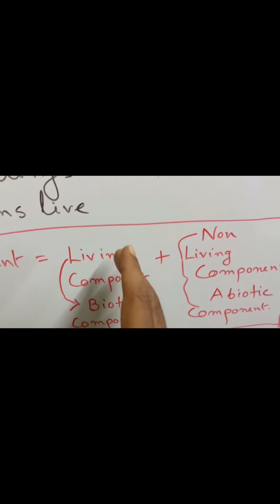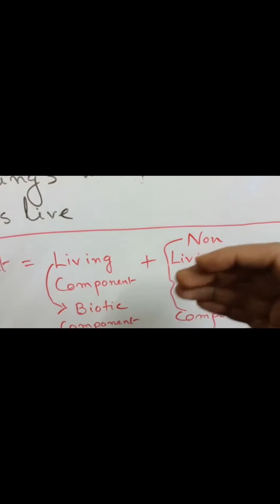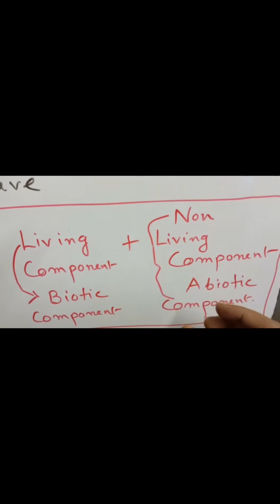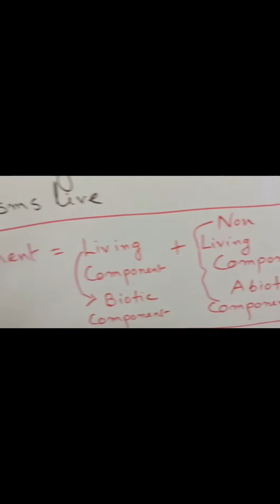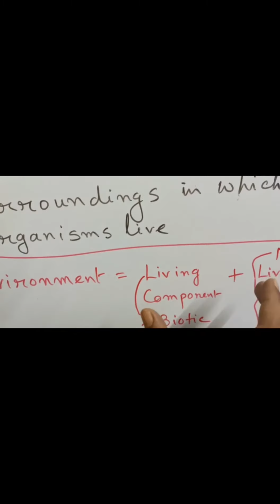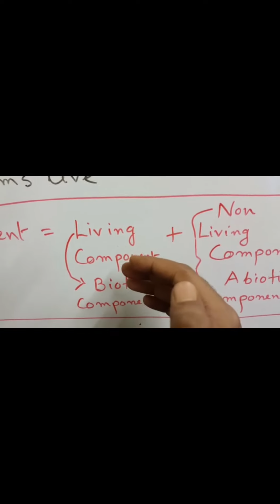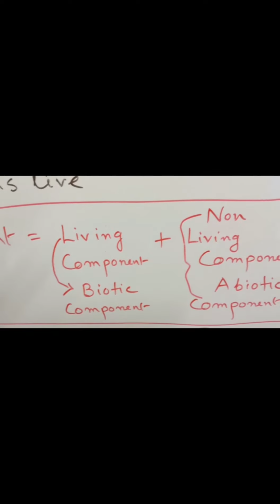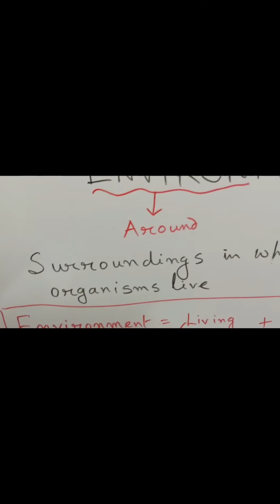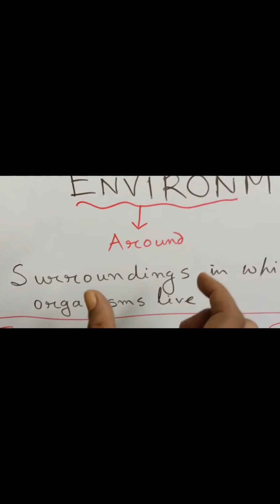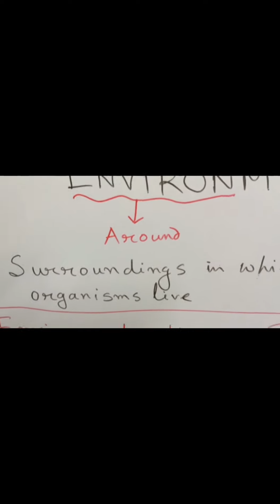The living component is also known as the biotic component, and the non-living component is also known as the abiotic component. So overall, the surroundings in which the organisms live is called environment.